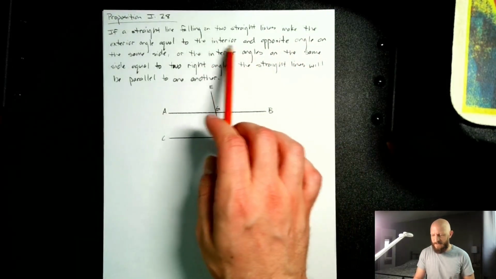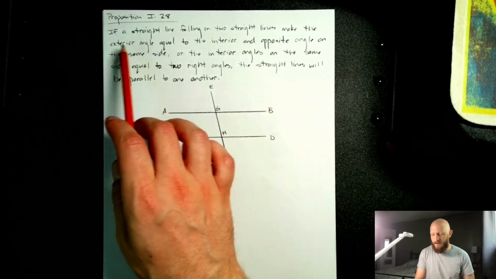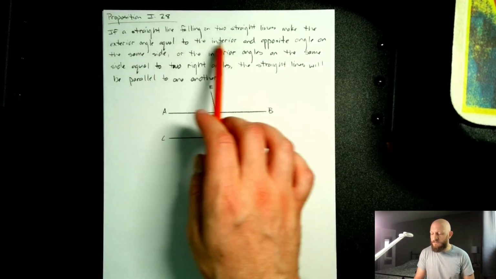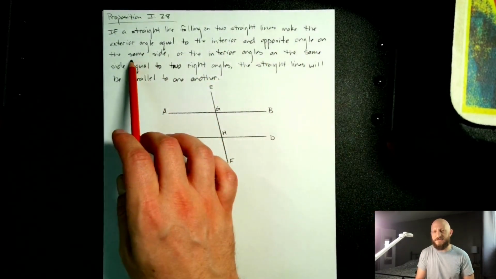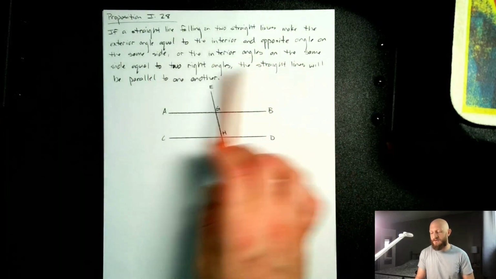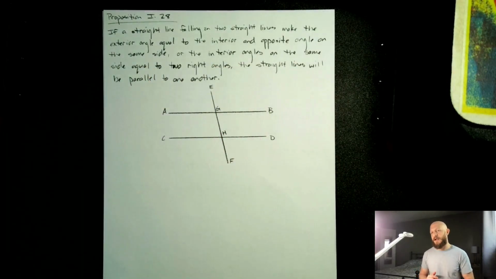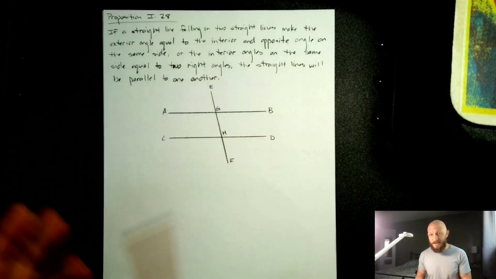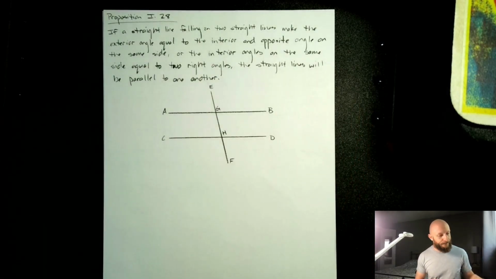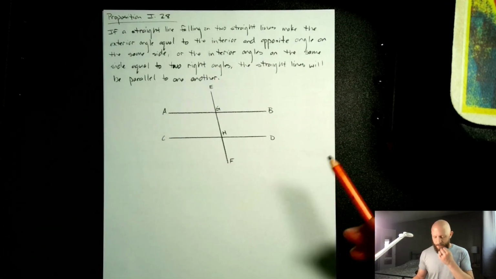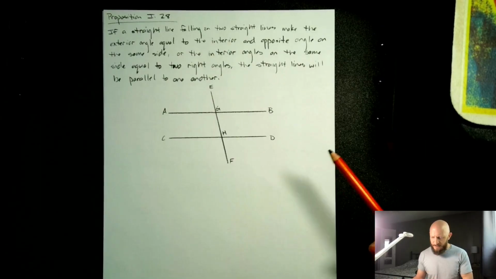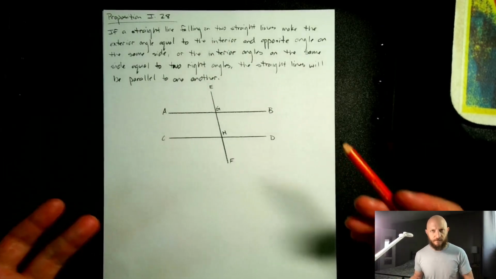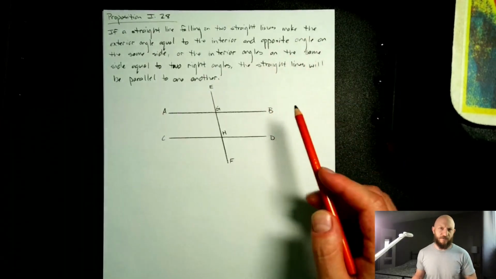The exterior angle is equal to the interior and opposite angle if and only if the interior angles on the same side are equal to two right angles. And you can prove that pretty easily using Prop 13 and some of the common notions. I'm sure that Euclid recognized that those are equivalent.